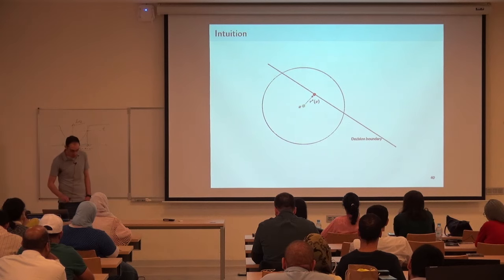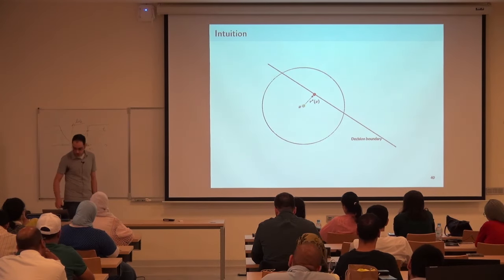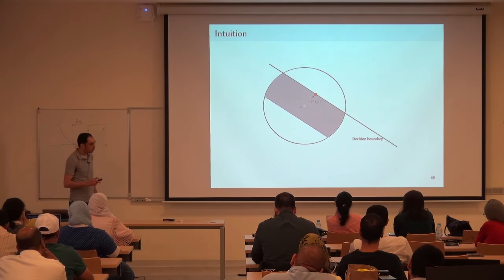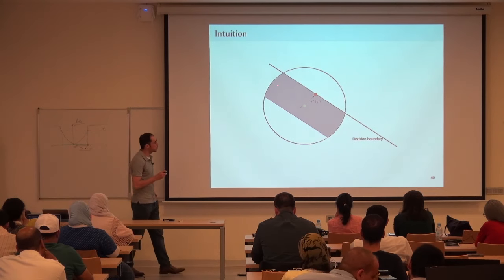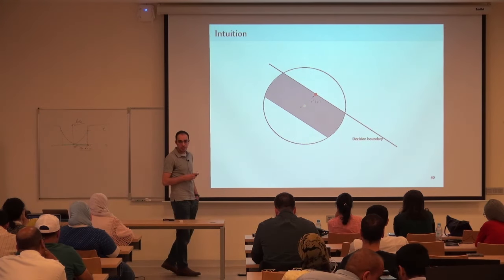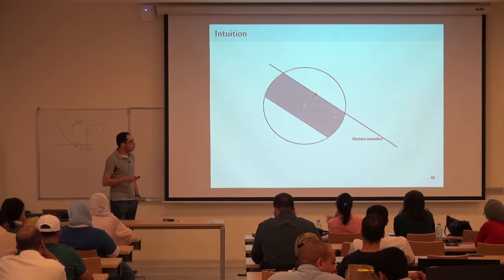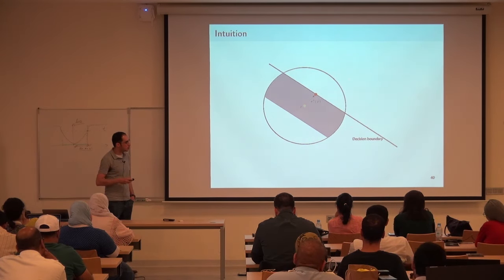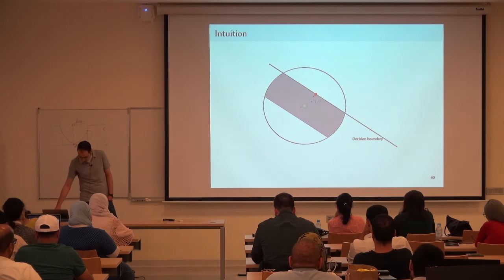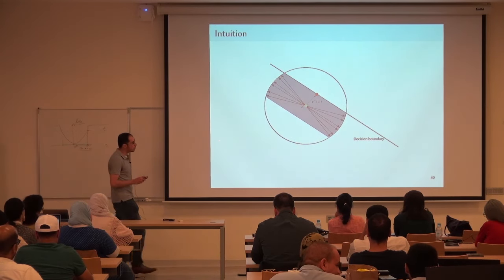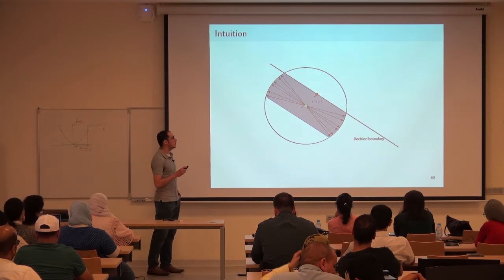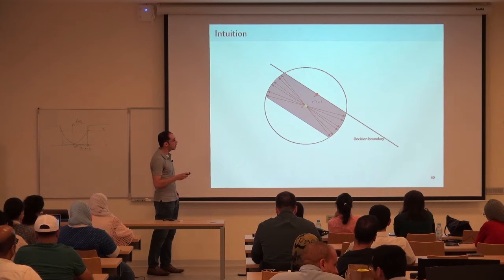There is an interesting fact in high dimensions: most of the mass concentrates around the equator. The interesting thing is that most of the mass is in this shaded area, in the sense that if I sample from this sphere here, then most of the points that I get are going to be in this area here.